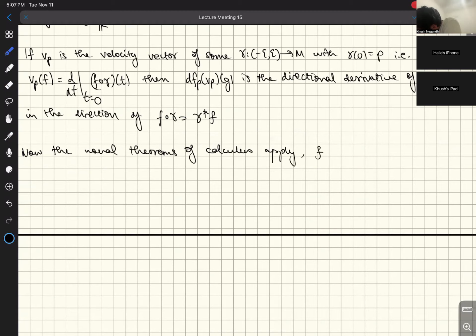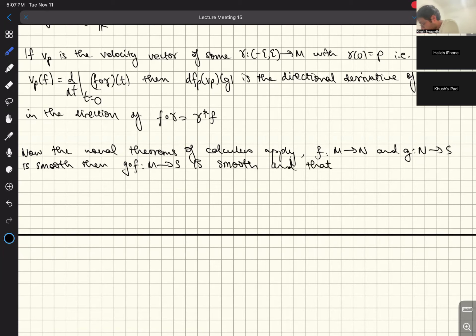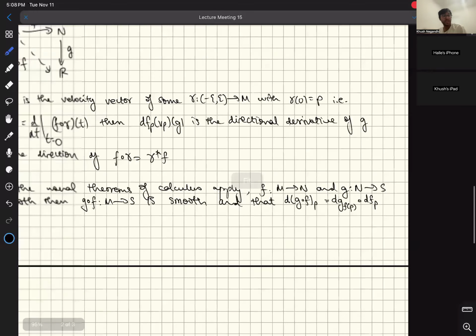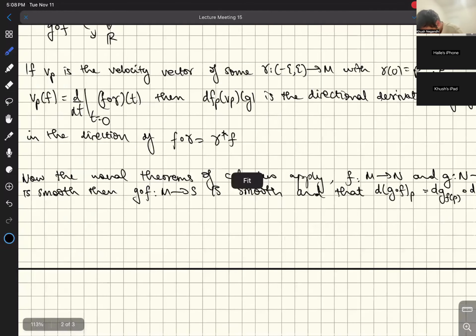What I mean by this is if F is a map from M into N and G is a map from N into S, and both are smooth, then we checked that G composed with F from M into S is smooth, and that d(G composed with F) at p is nothing but dG at F(p) composed with dF at p. So the chain rule holds.